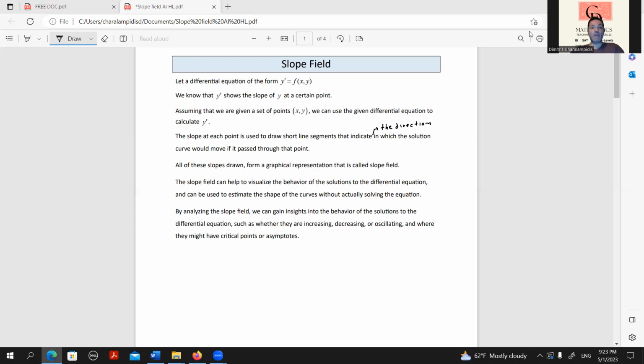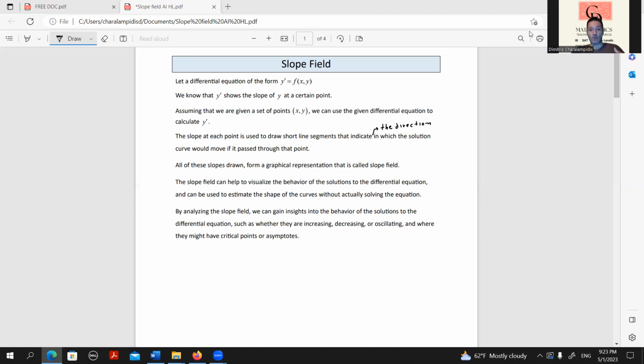Assuming now that we are given a set of points (x, y) that lie on the graph of y, we can use the given differential equation to calculate y' for each one of them. That value, which is actually the slope at each point, can now be used to draw short line segments that indicate the direction in which the solution curve would move if it passed through that point.